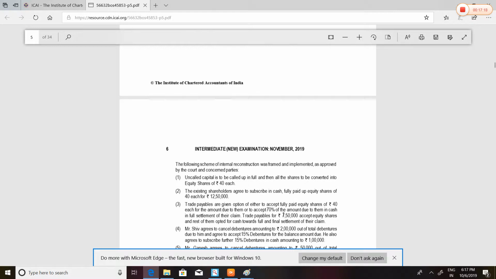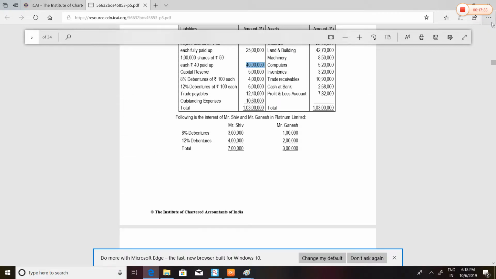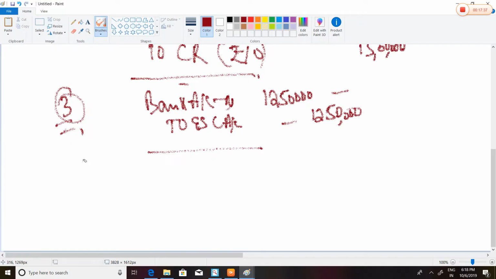The trade payables for 750,000 accept equity shares, and the rest opted for cash towards full settlement. Now, how much was the amount for trade payables? 12 lakh 40,000. Just look here.